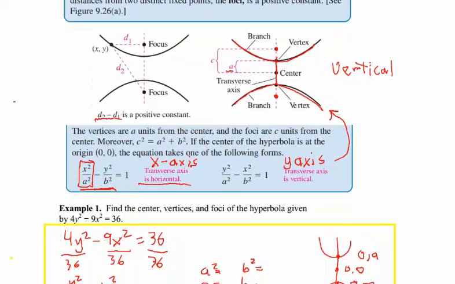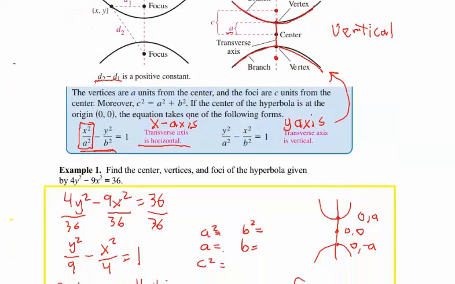Okay, so example-wise, we want to find the center, vertices, and foci of the equation 4y squared minus 9x squared equals 36.